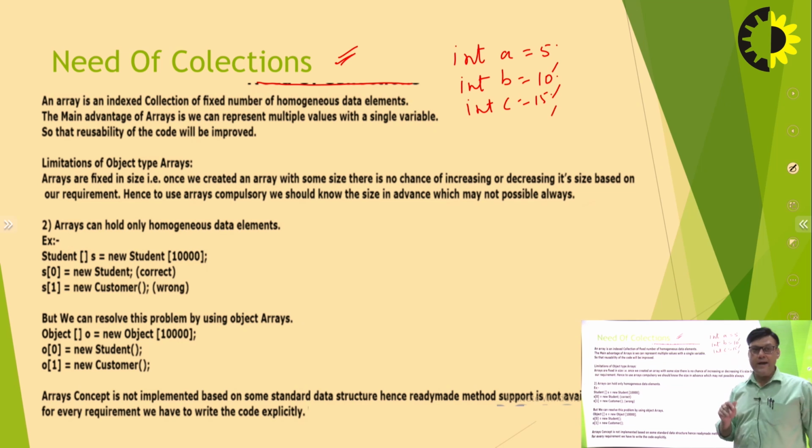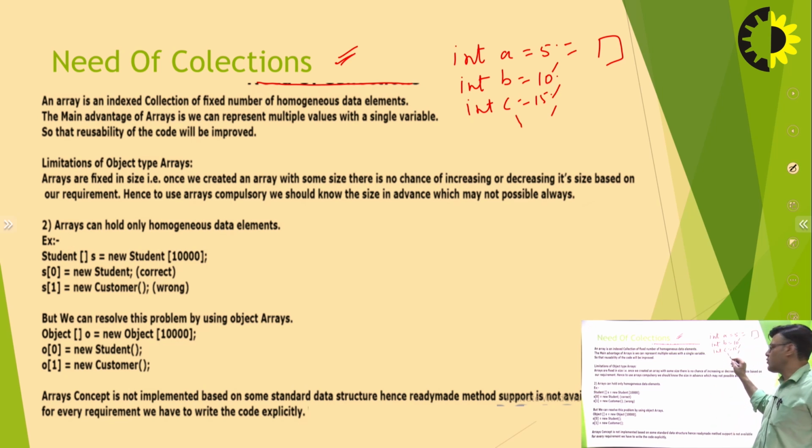So now I have only these three variables that I want to declare. Declaring means I am taking space in the computer's memory so that this value can be stored there, right?